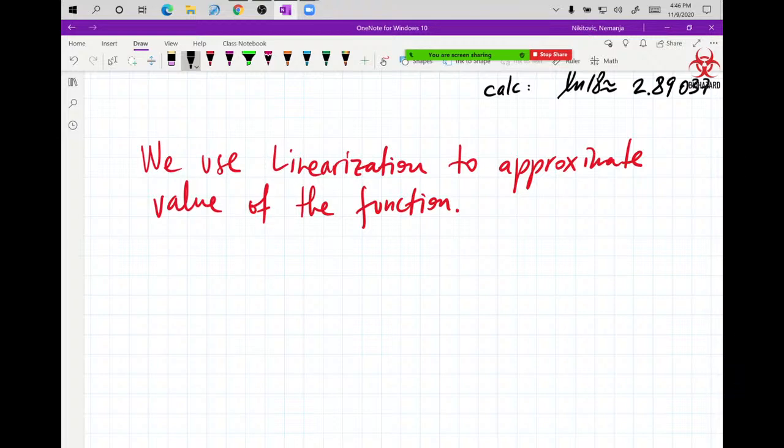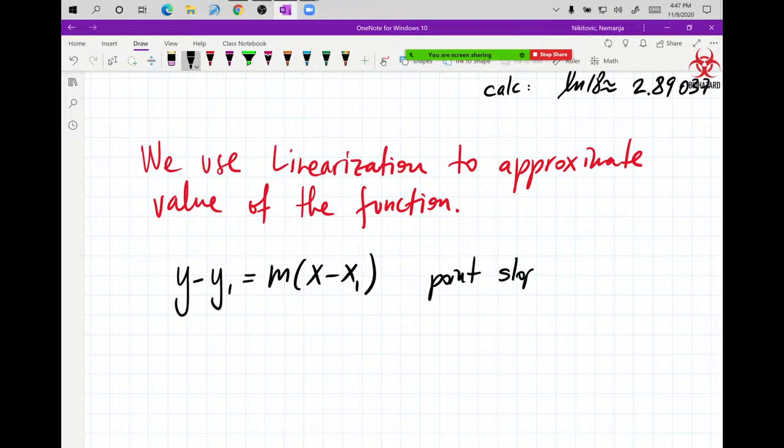All right. I hope you remember y minus y1 equals m(x minus x1). This was called the point-slope formula for equation of the line given to you in algebra course.